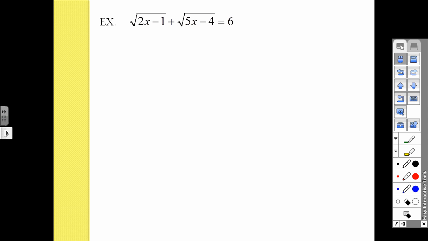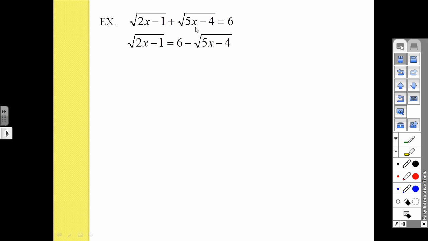You can imagine how difficult or tedious that could be. So what could be potentially easier is if we move one of these radicals to the other side with the 6. We still have to take the whole quantity and raise it to the power of 2, but it makes working it out a little bit simpler. So that's what I'm going to do.